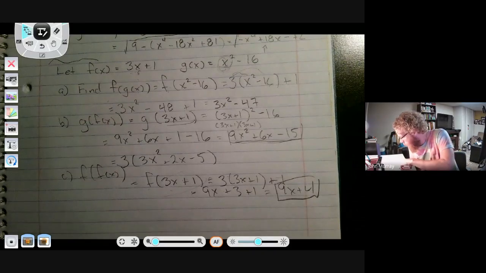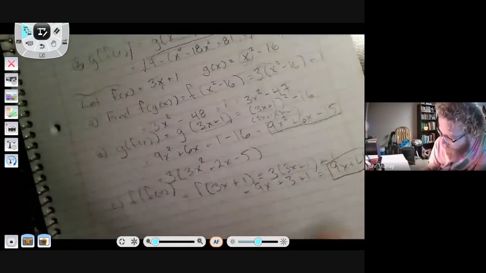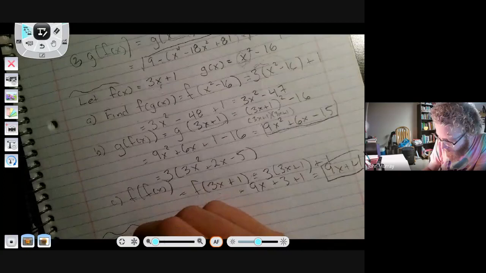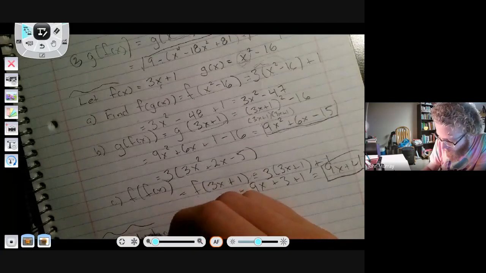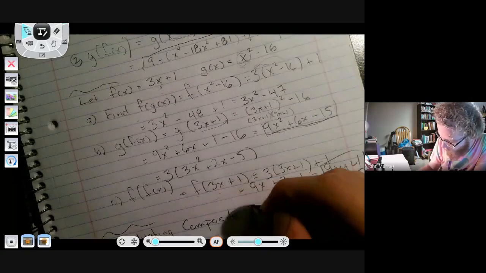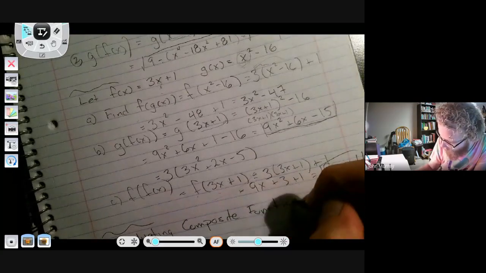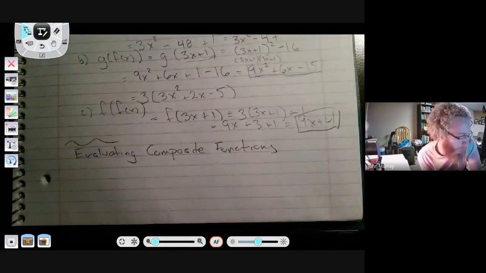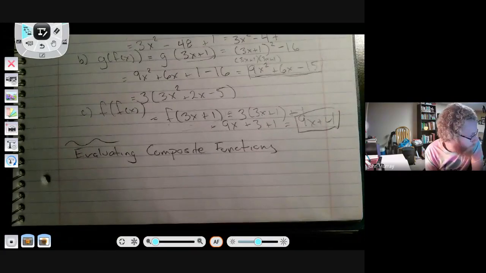All right, so let's talk about evaluating, because evaluating is actually, I think, a little easier. Evaluating composite functions, I like to think of it as like a chain reaction.